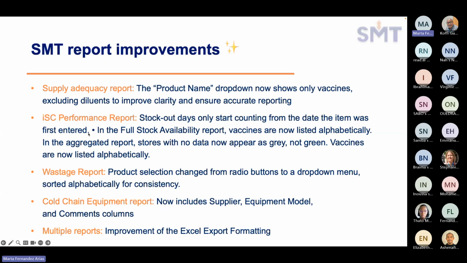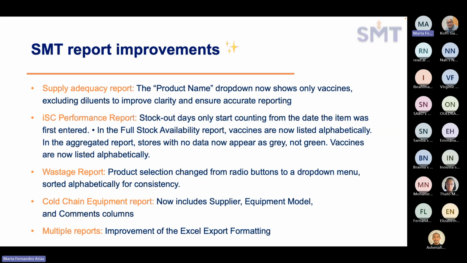In the aggregated report, there was also some issue that if you had stores that had not entered any data, they would show as green, meaning there was no stock out. But in reality, this was misleading as well because it can give the impression to the higher levels when they select the aggregated report that there aren't any stockouts, when in reality they did not enter any data.